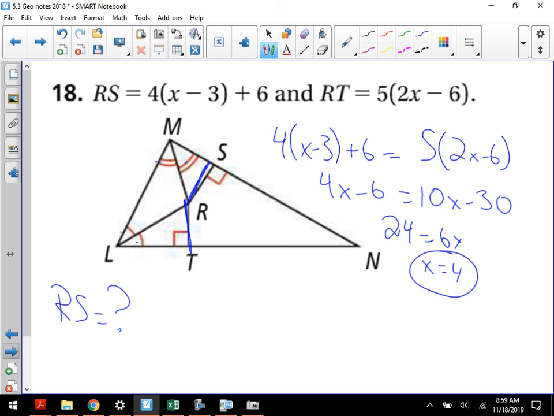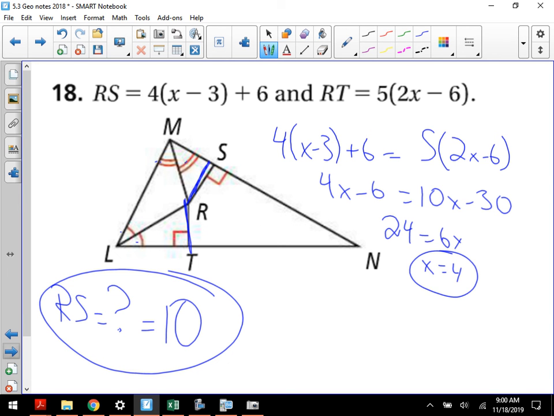I asked you guys to figure out what RS is. So what's 4 minus 3? 1 times 4, and then add 6. That's fine, you should still get the same answer.